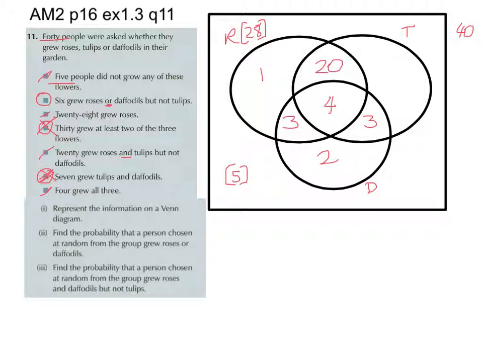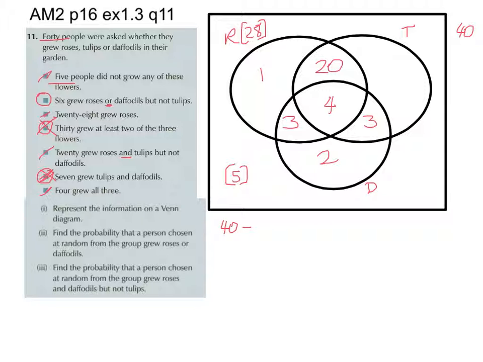The only bit we don't know now is the tulips only, but we know there's a total of 40, so if we add up what we have so far with those 6 items inside, plus the 5 outside, and find the difference between that total and the 40, we'll get how much is tulips only. So it's just a case of doing a quick sum.